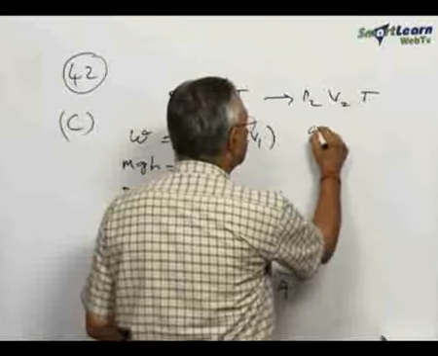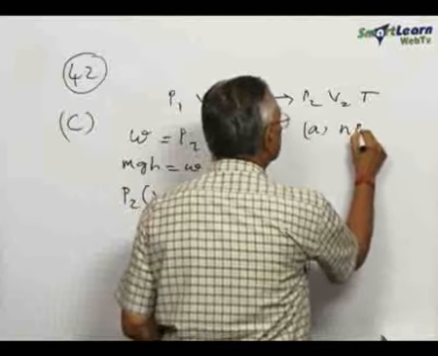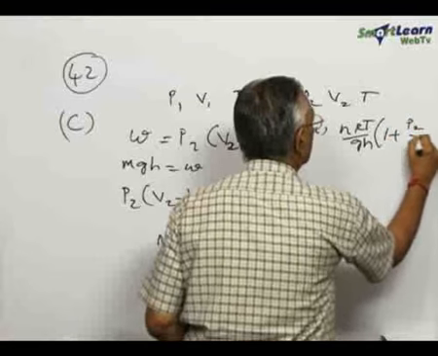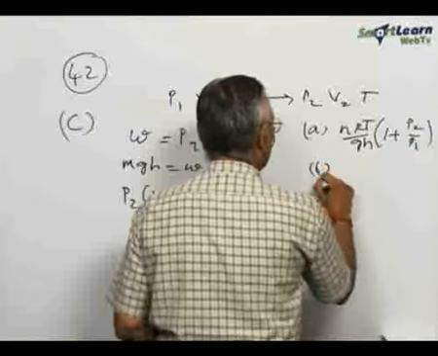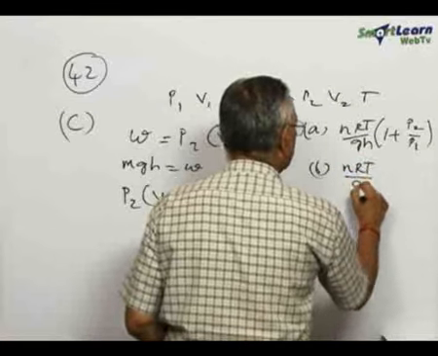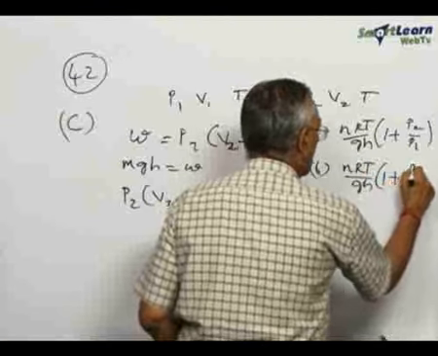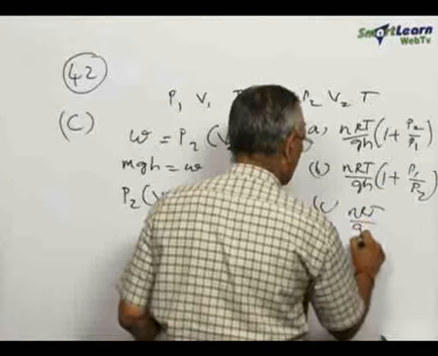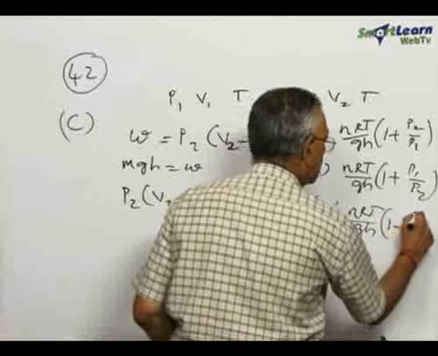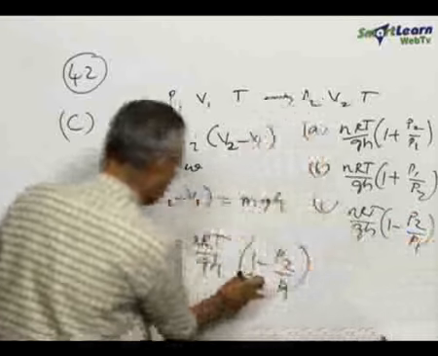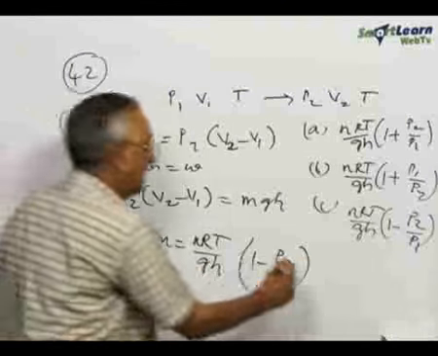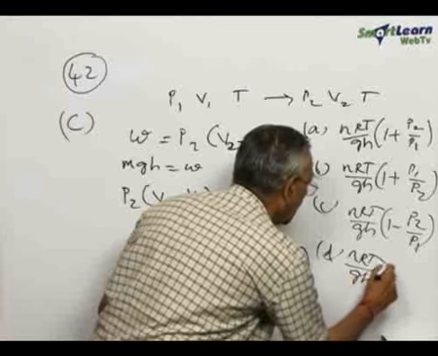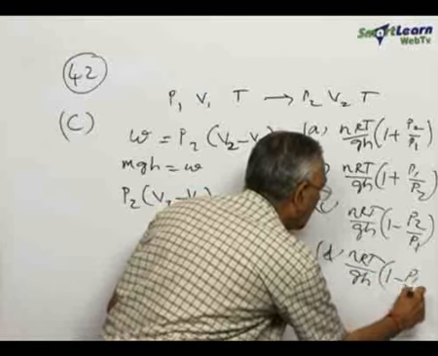I will write all the 4 options that are given there, so it is easy for us to follow. nRT divided by gh, one option is 1 plus P2 by P1, this is option A. Option B is the same thing, nRT divided by gh into 1 plus P1 by P2, and option C, which is the correct option, is nRT divided by gh into 1 minus P2 by P1. That is actually the answer that is given here. And D, finally, that is maximum mass m equal to nRT by gh into P1 by P2.